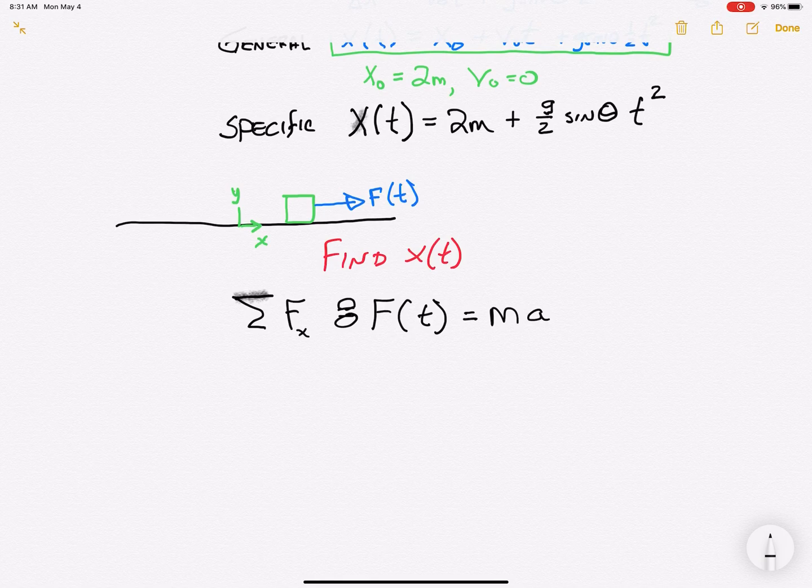I think it's worthwhile being specific here. So let's set the force as a function of time to something harmless.